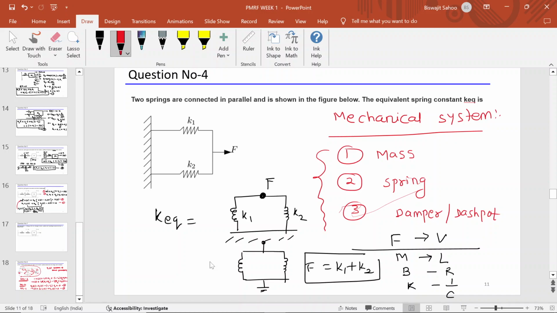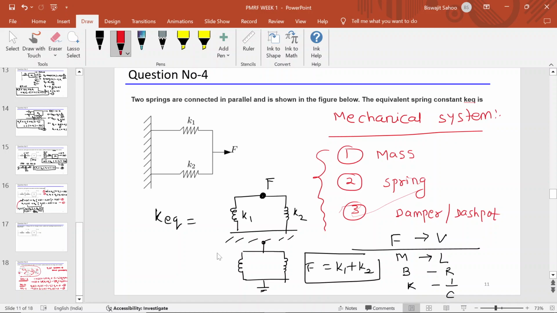One question: are causal systems a subset of static systems, or are static systems a subset of causal systems? A static system can be a causal system.